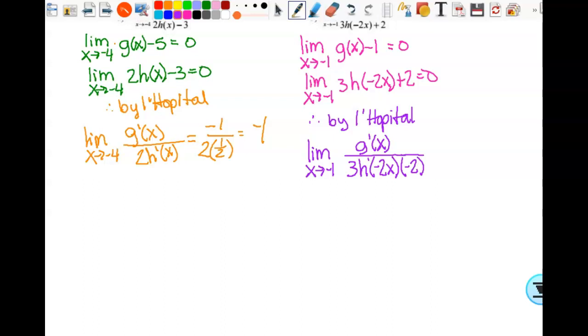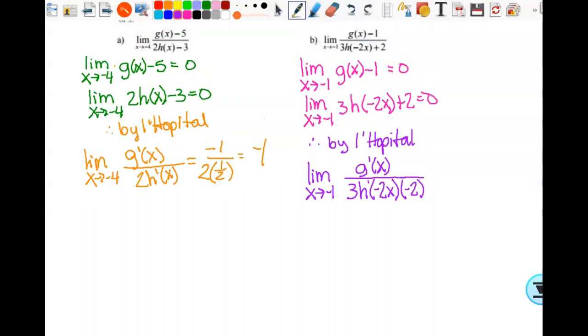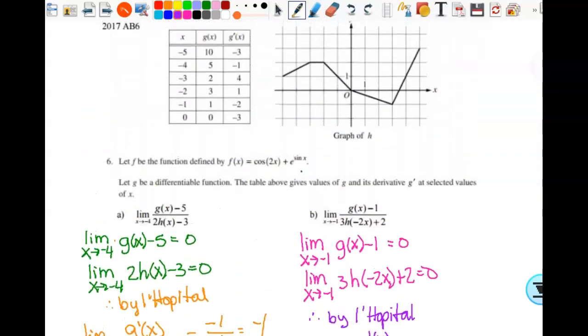H of 2. H of 2. Well, how are we going to know what that is? Okay, the slope is negative 1/3. So that means that this is at negative 1/3, negative 2/3, negative 3/3. So H of 2 is actually negative 2/3.